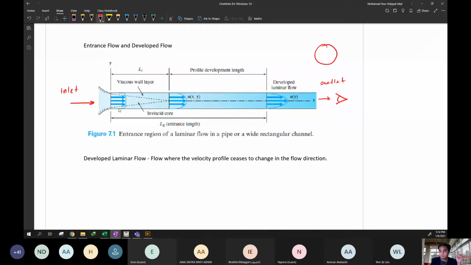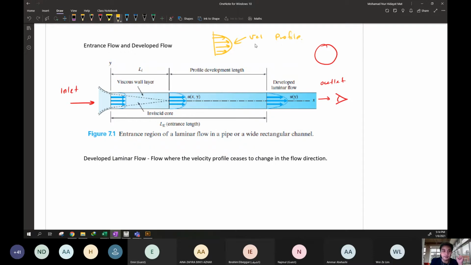All right. So inside the pipe, we have a different profile. We call it a velocity profile. So what do we mean by profile? This is the profile, you can see this one. This is what we call a velocity profile.